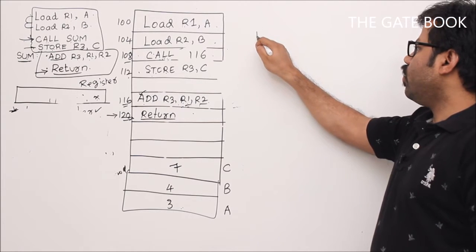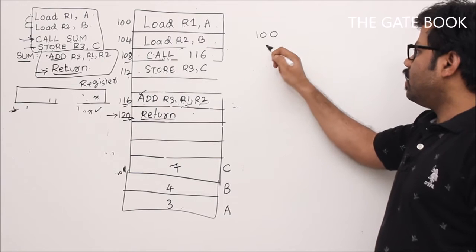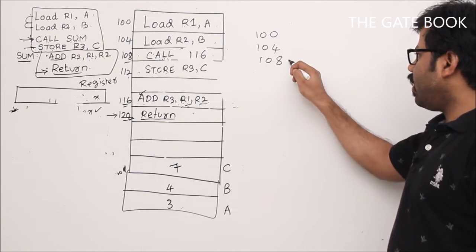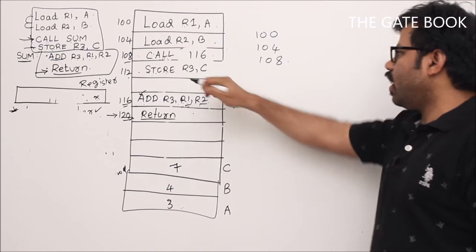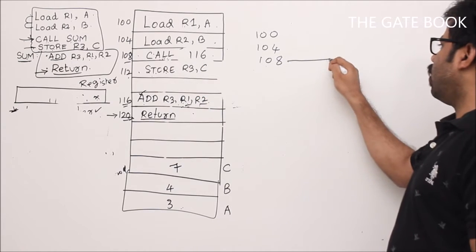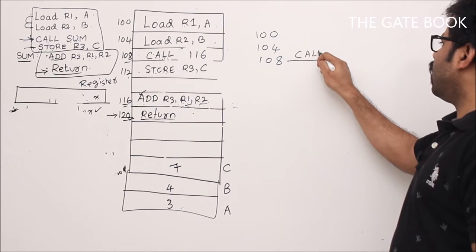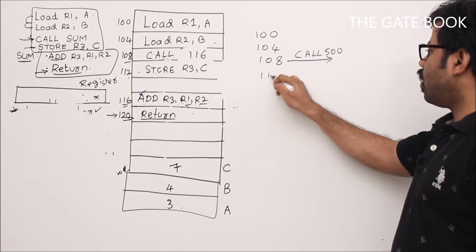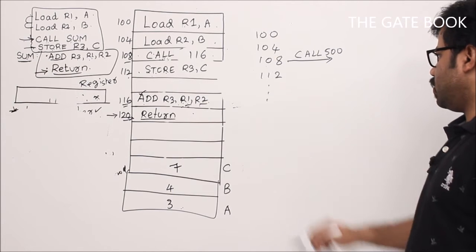Example, let's say you are executing instructions at 100, after that 104, after that 108, and the instruction at memory address 108 is a function call. Because of that call we are going to 500, the way it is designed. Then after that we have to come back to 112. This is normal execution.